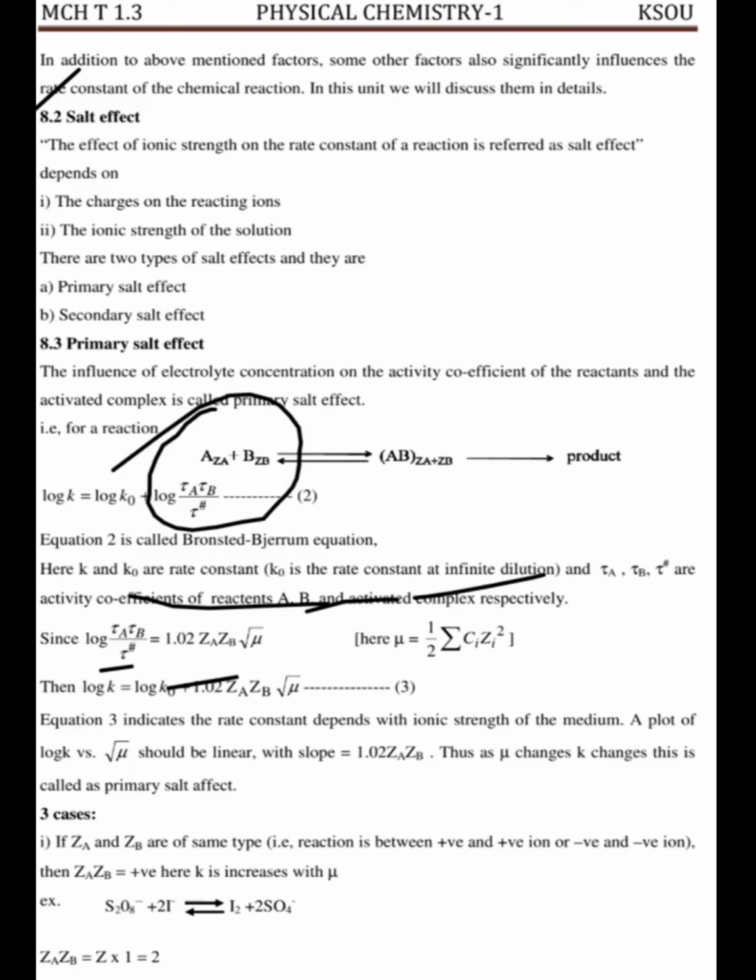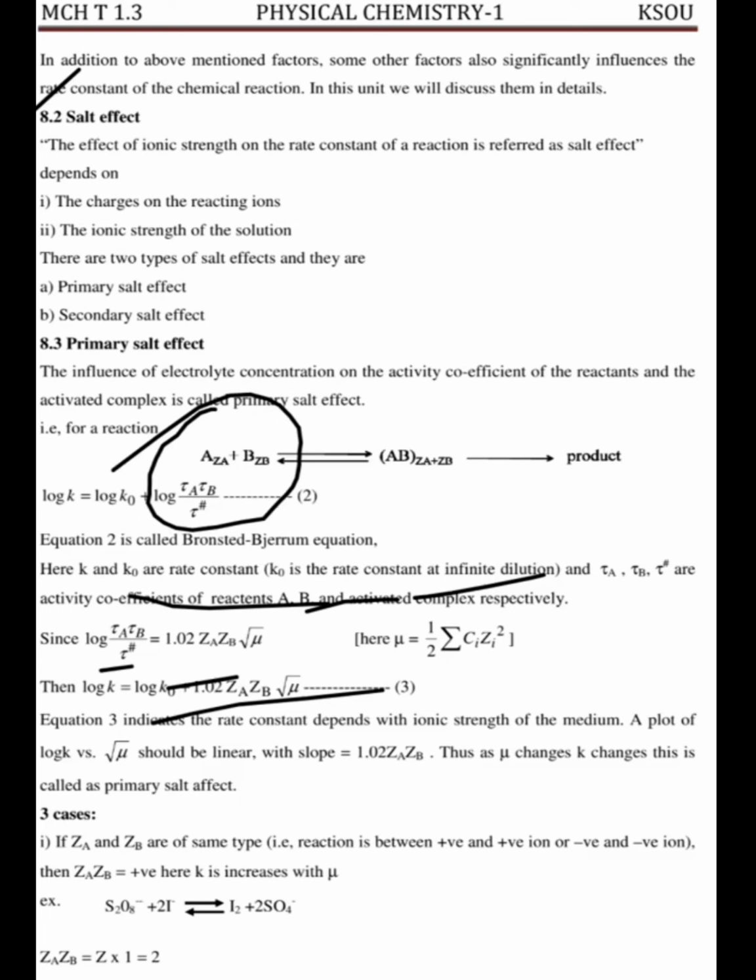Then you can calculate log of k is equal to log k naught plus 1.02 ZA ZB root mu. That is equation 3, in which the rate constant mainly depends on the ionic strength of the medium, whatever the medium.